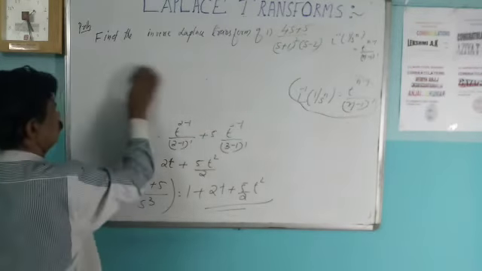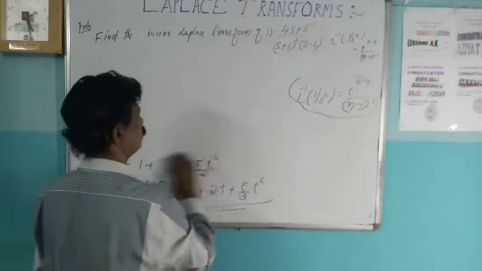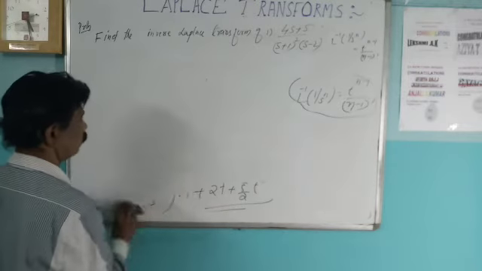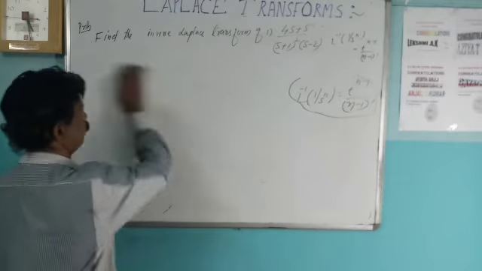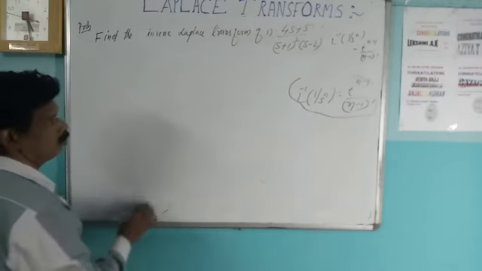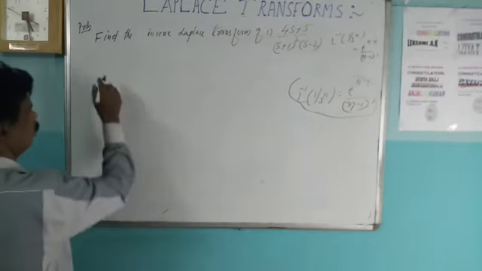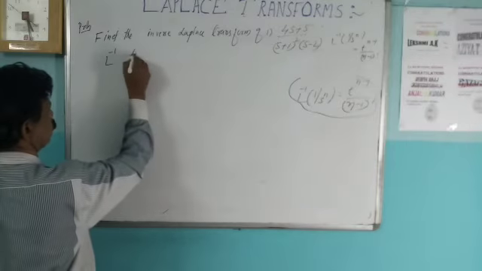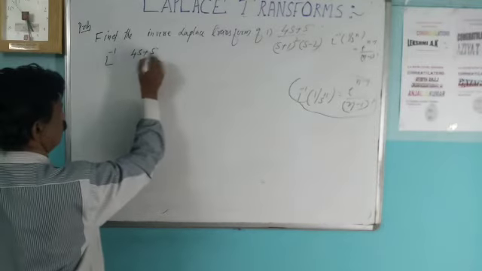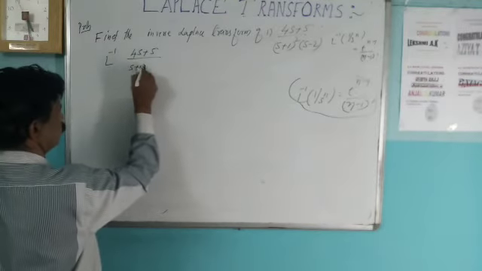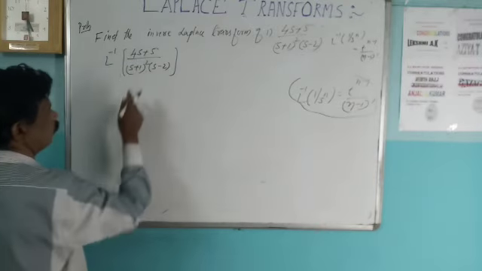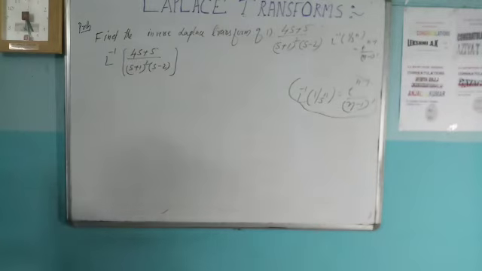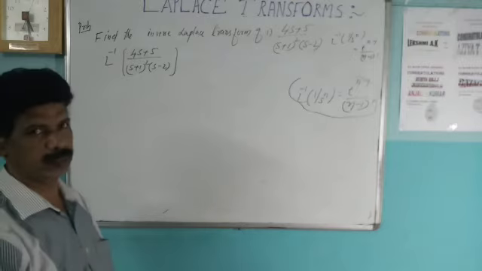We have to find the inverse Laplace transform of (4s + 5) divided by (s + 1)^2 (s - 2). Before doing this problem, we have to convert this function into partial fractions.